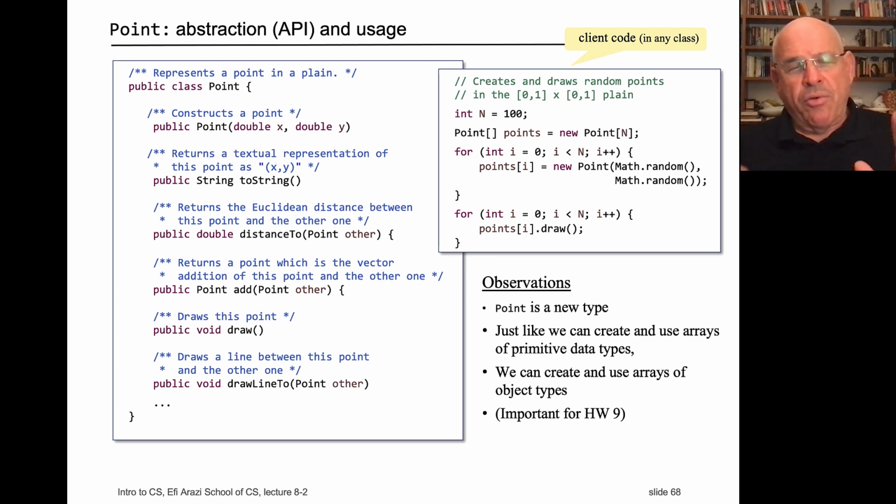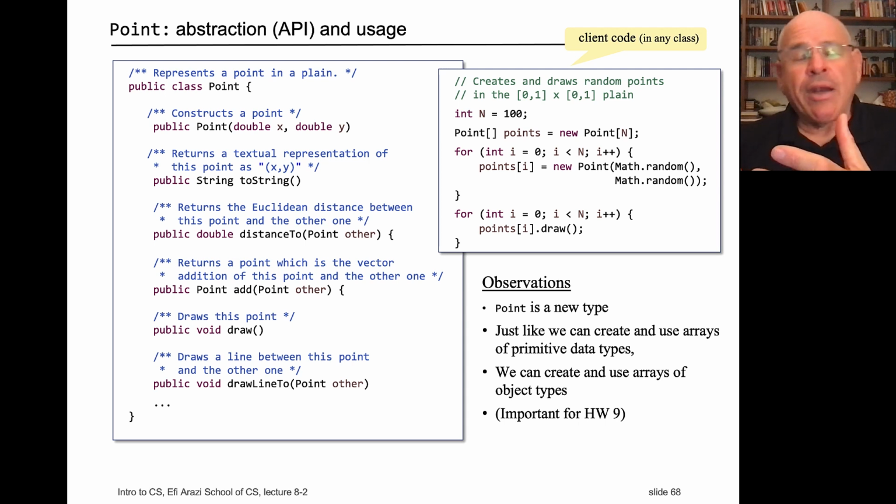Java does not have a point data type. But once we created this class, it's as if we have a new data type, right? We can use this data type in our programs. We extended the language in a very useful way.